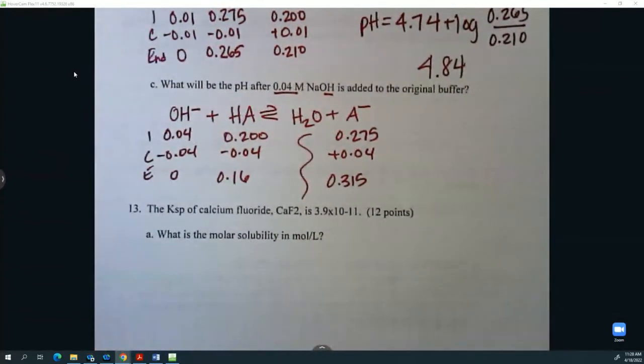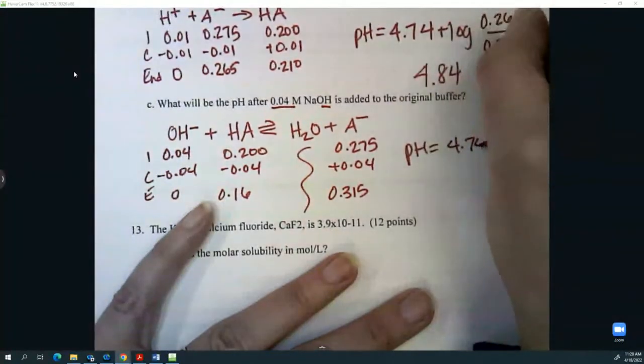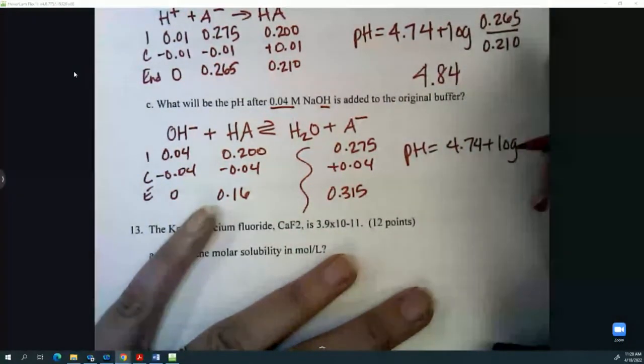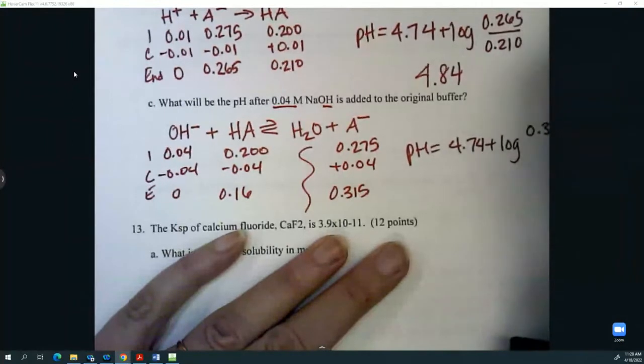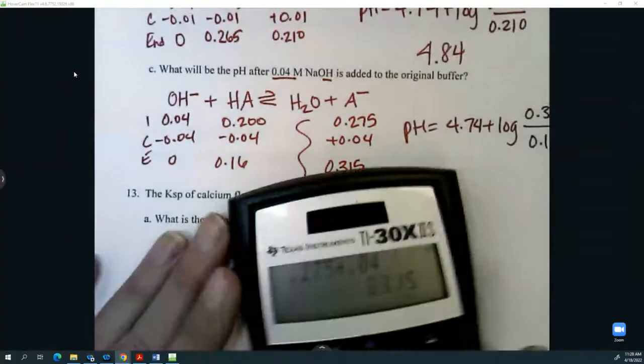Get rid of the strong base, so minus 0.04, minus 0.04 on the other side of the arrow, plus 0.04. And then I'm ready to use the Henderson-Hasselbalch again. Base on top, acid on the bottom.